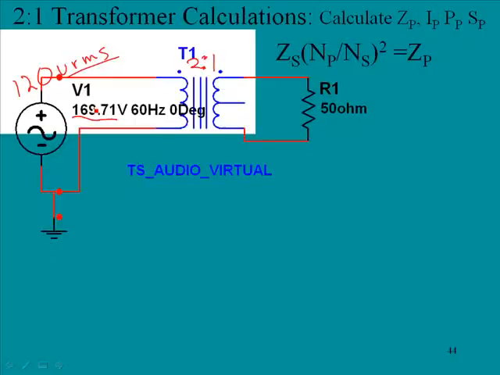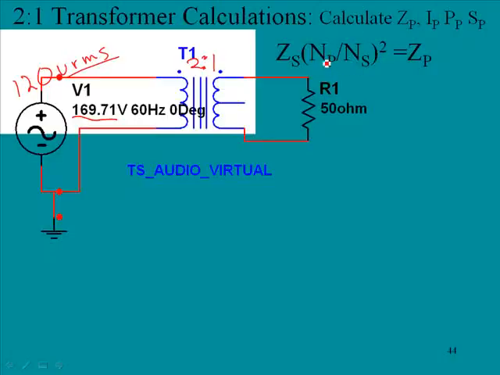So what do we want to do? We want to calculate the impedance in the primary, the current in the primary, the power in the primary, and the secondary power. Where are we going to start? This was our formula that we had used just on the previous calculation, so let's use this again.